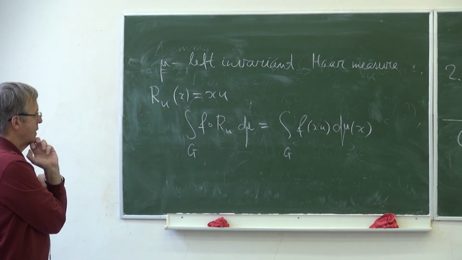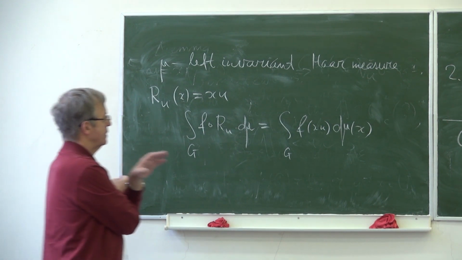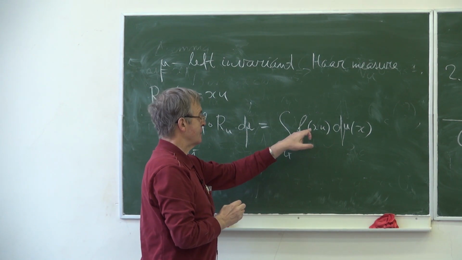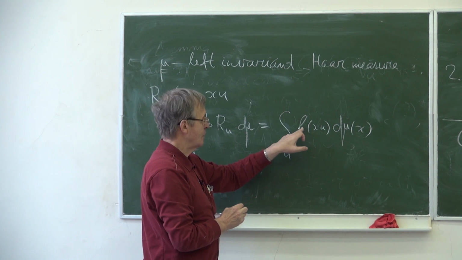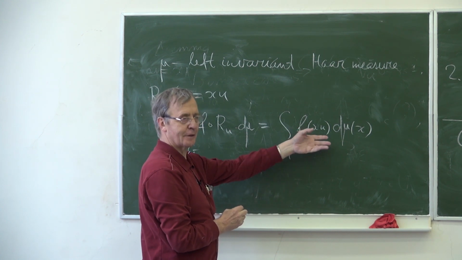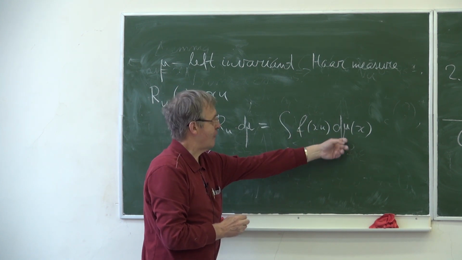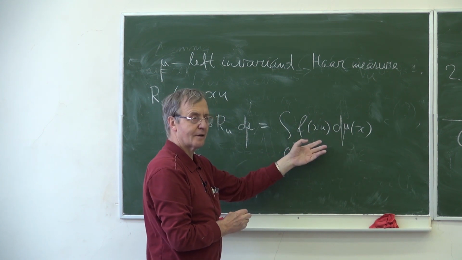This is the following thing, and it is easily observed that this integral is left invariant. When I apply a left shift to f, then by the left invariance of mu, this thing is left invariant.